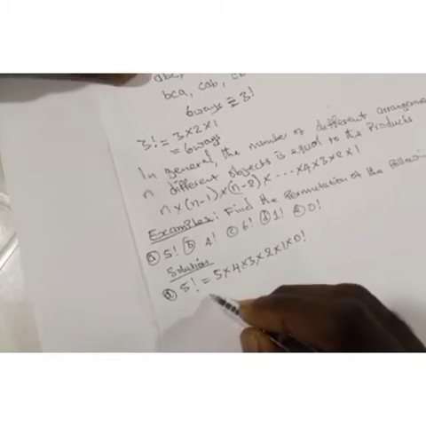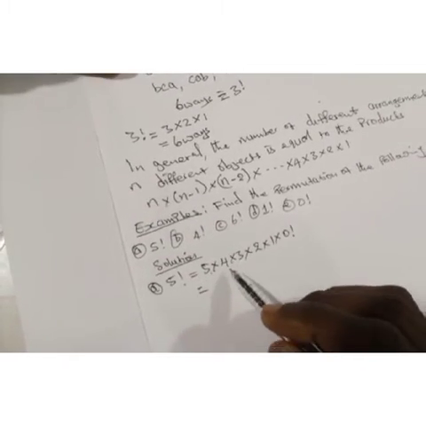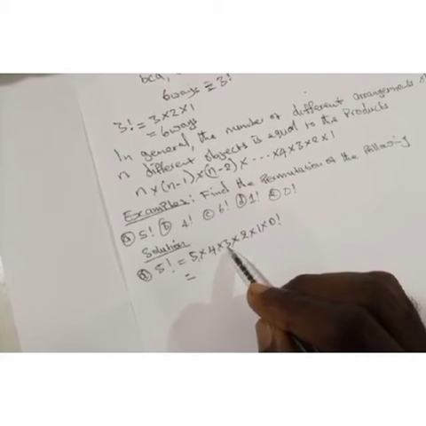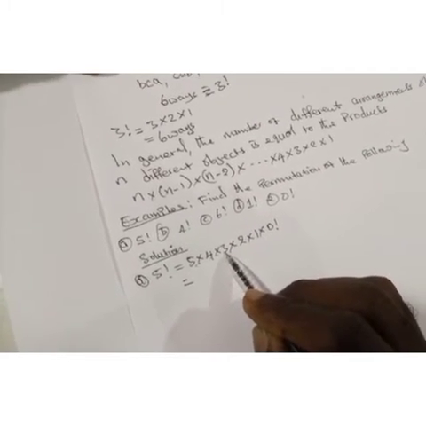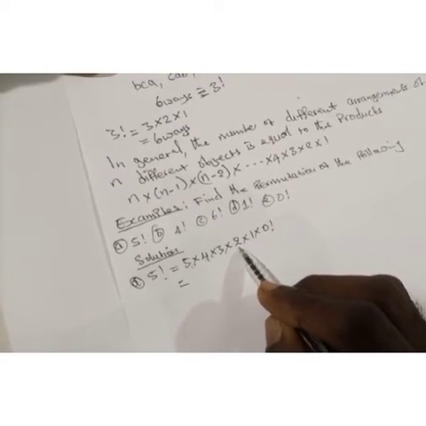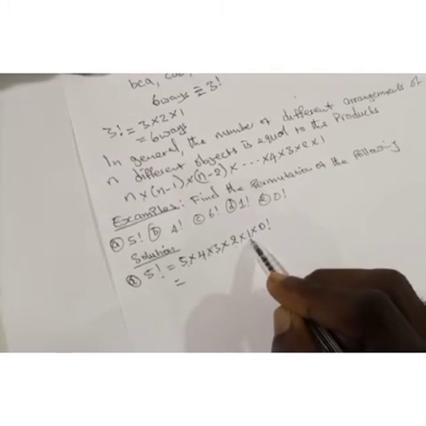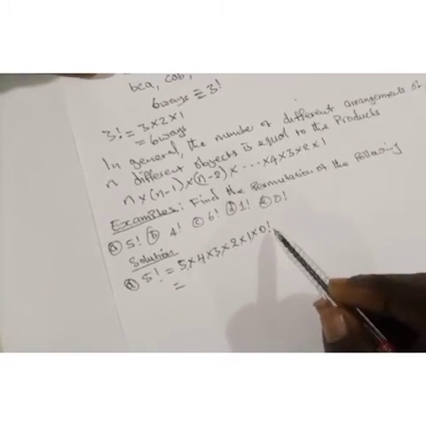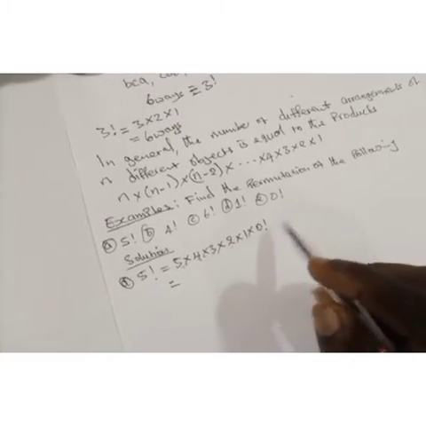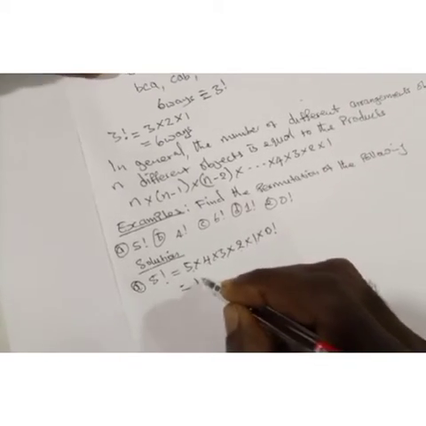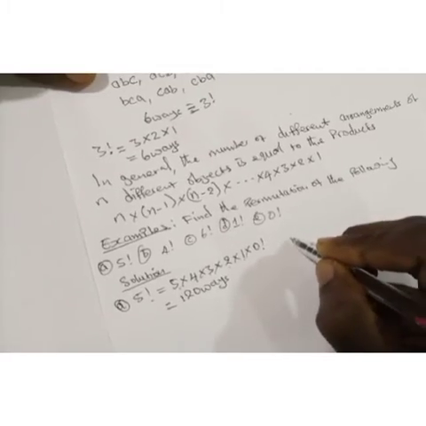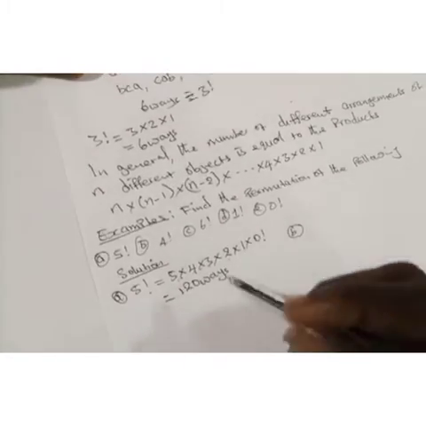So that will be 5 times 4 is 20. 20 times 3 is 60. 60 times 2 is 120. 120 times 1 is 120. And we say 0 factorial is the same thing as 1. So 0 factorial is 1. So here will be 120 ways.